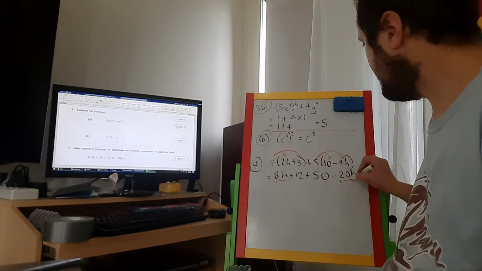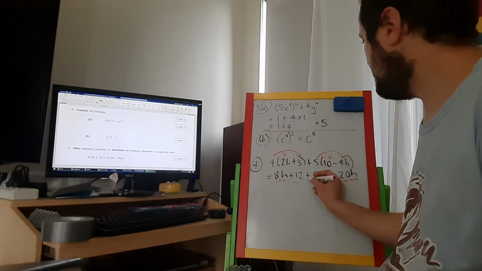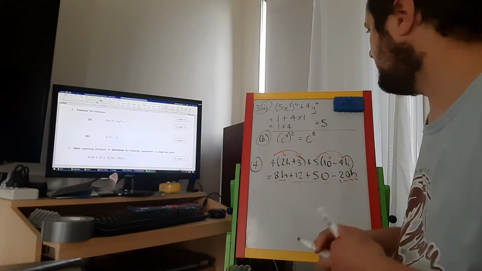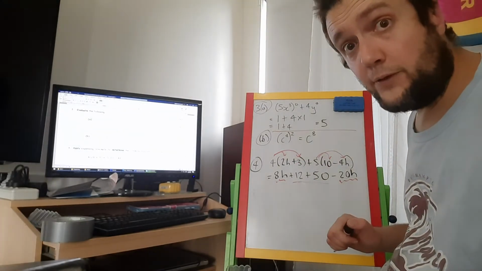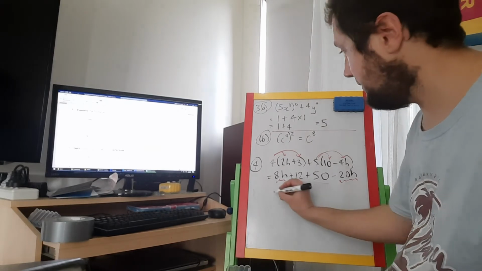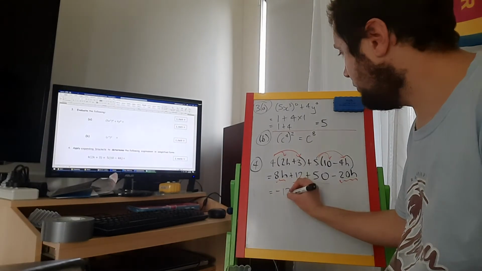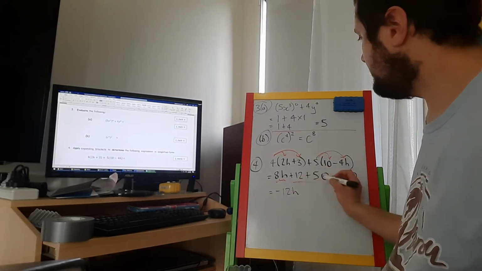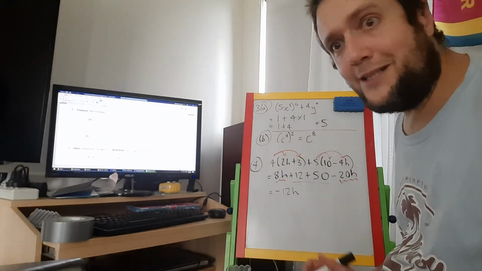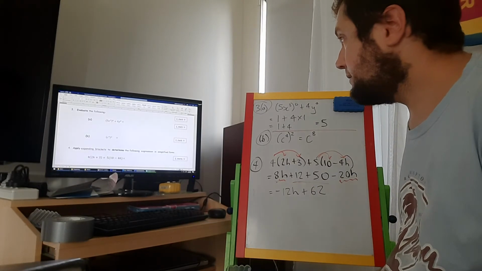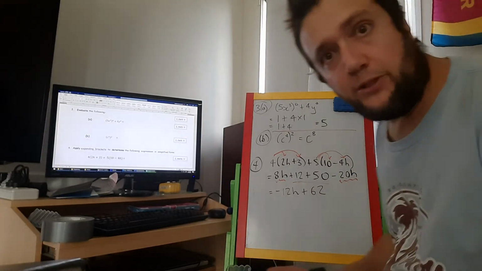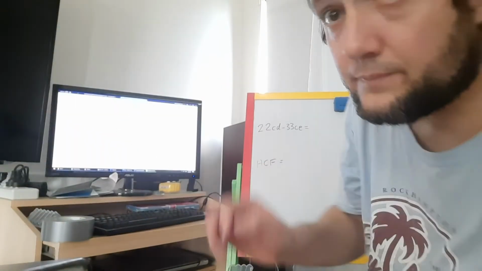You've got stuff with h's, and then you've got pure numbers that you can combine as well. 8h take away 20h. That's not very nice, is it? That's going into the negatives. You'll end up with negative 12h, and 12 plus 50, relatively easy that one. It's simply 62. Hopefully that's correct. Yeah, looks pretty good from here.